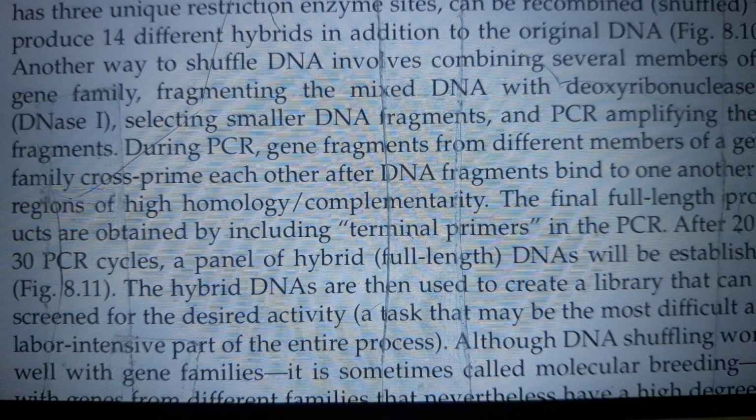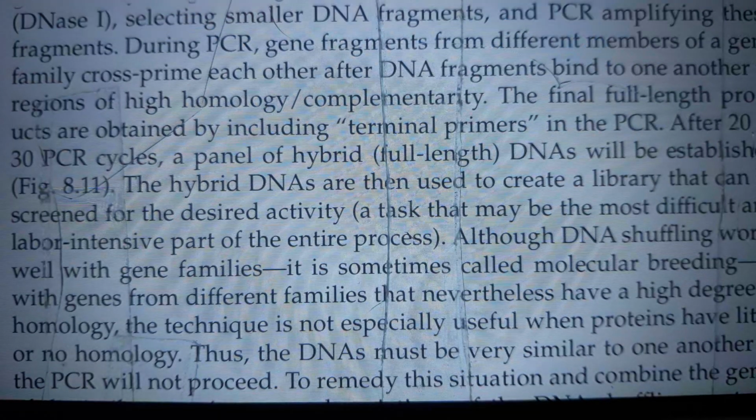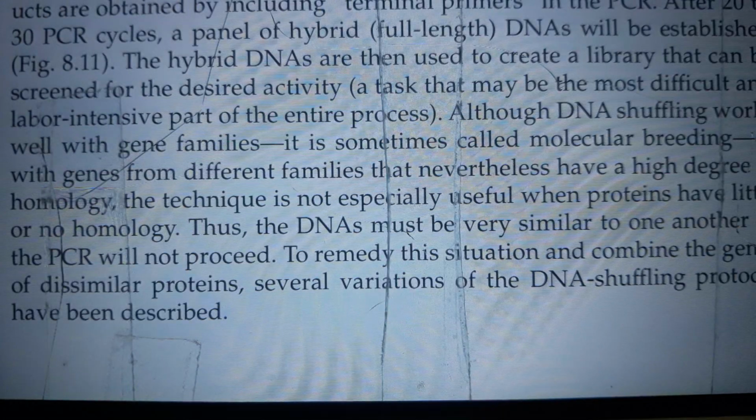During PCR, gene fragments from different members of a gene family cross-prime each other after DNA fragments bind to one another in regions of high homology or complementarity. The final full-length products are produced by including terminal primers in the PCR after 20 to 30 PCR cycles. A panel of hybrid full-length DNAs will be established, as seen in Figure 8.11.